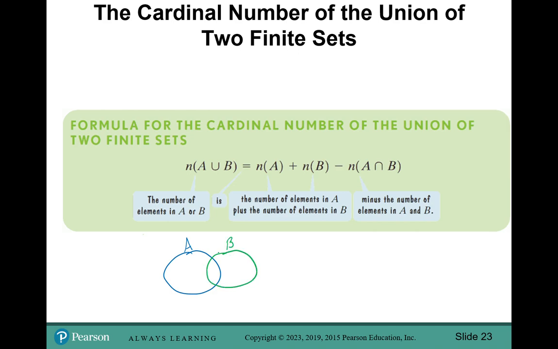If I add A plus B, then I have added this A once. I have added this B once. And what you'll notice is I've added this intersection portion twice, which is why I have to subtract that intersection portion off once, so that I'm only adding that intersection portion one time instead of twice.